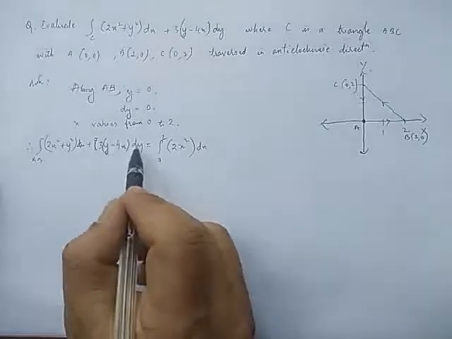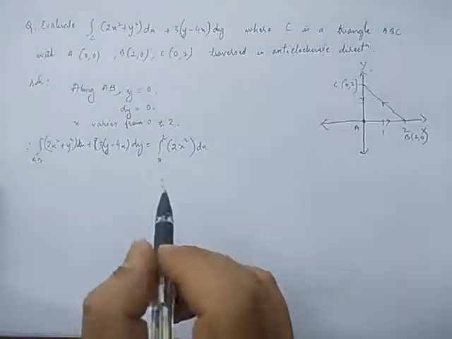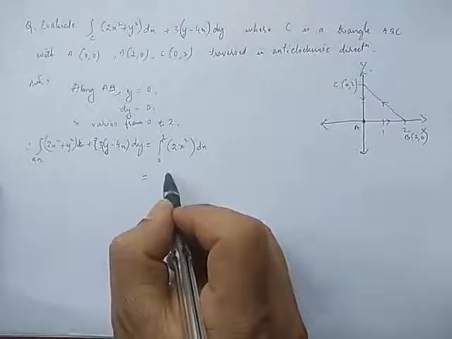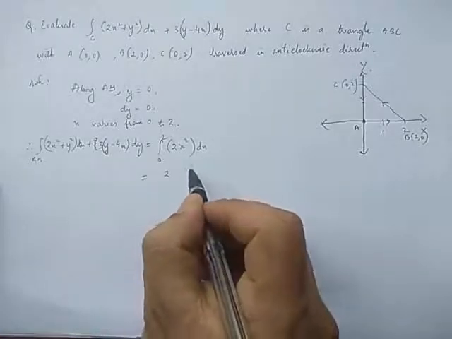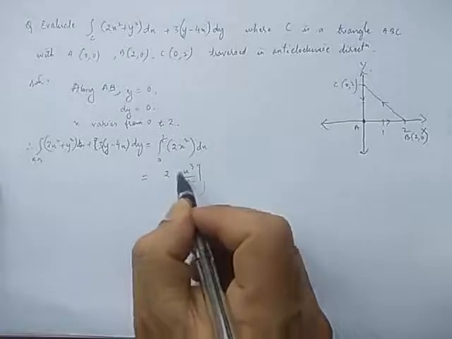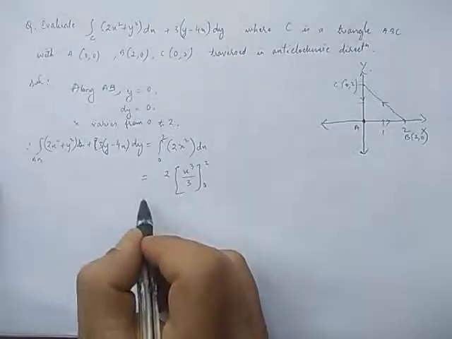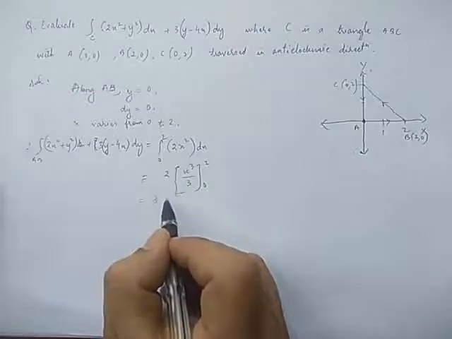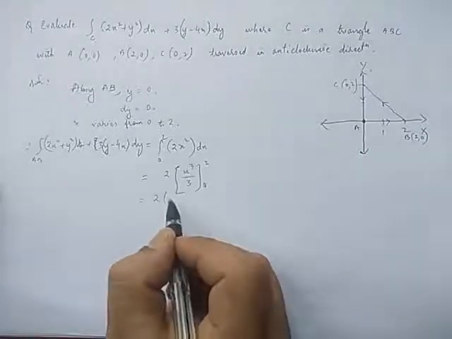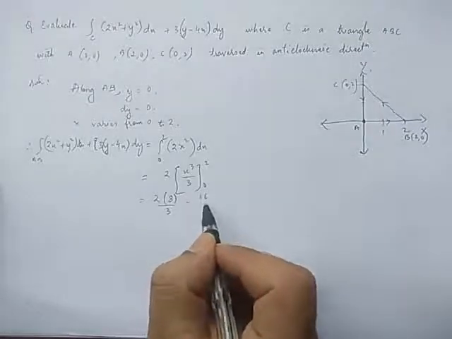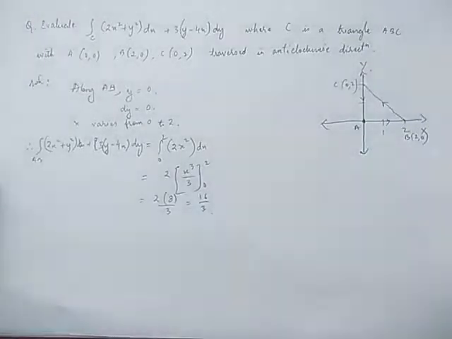Since dy is equal to 0, the whole thing will be equal to 0. So I have 2 x cubed by 3, from 0 to 2. So this will give me 2 into 2 cubed, which is 8 by 3. So this is 16 by 3.